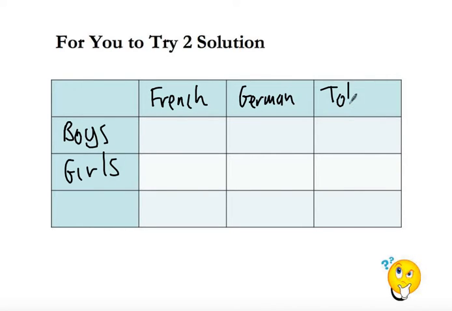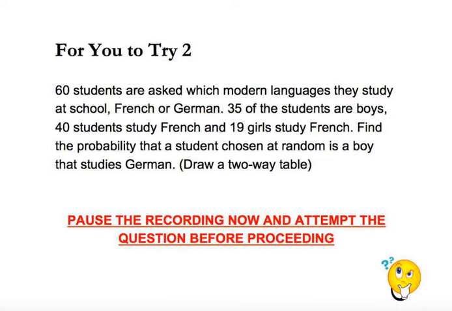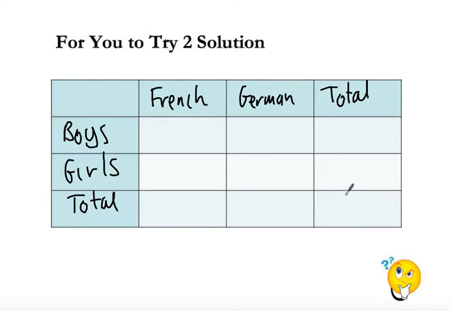Mustn't forget my totals column because that enables us to answer this question. We were told that there were a total of, double check this, 60 students, so I can fill in the total down the bottom there. I know that there are 35 boys, 40 studied French, and that 19 girls study French.